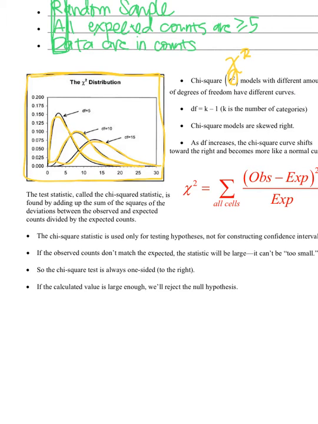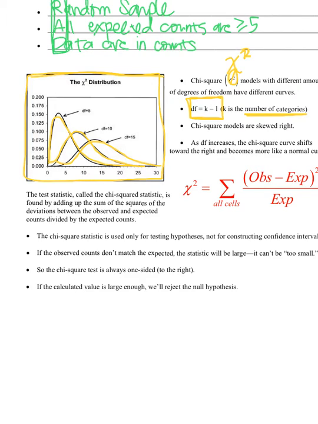And how we find degrees of freedom is that we have k minus 1 as our formula. So this is different than the t model, which was n minus 1, the sample size minus 1. This time, k is the number of categories. All right, the number of categories.